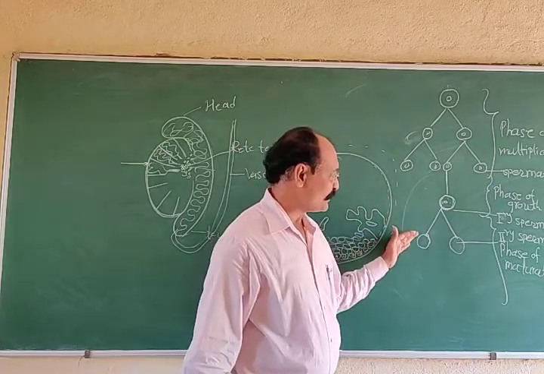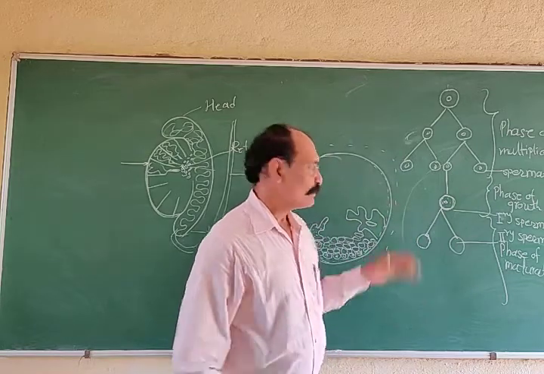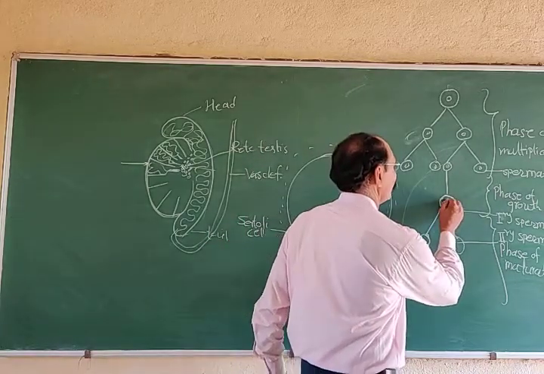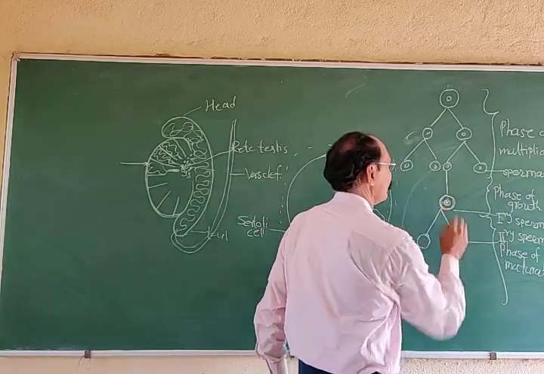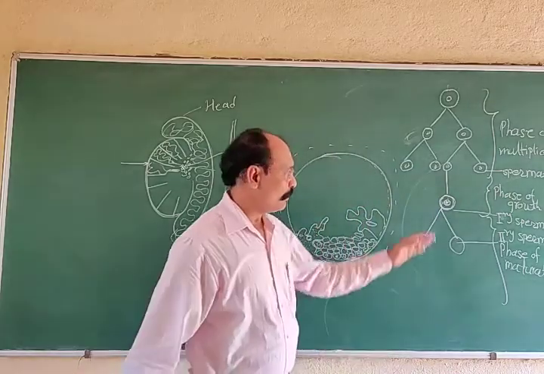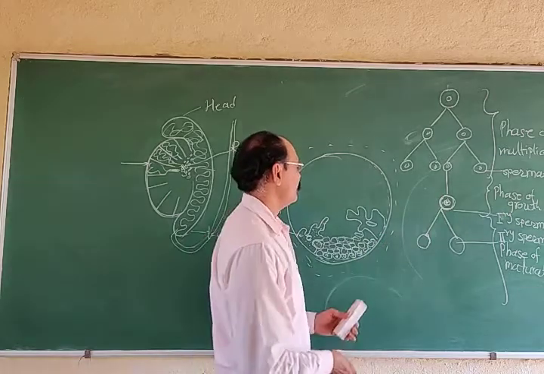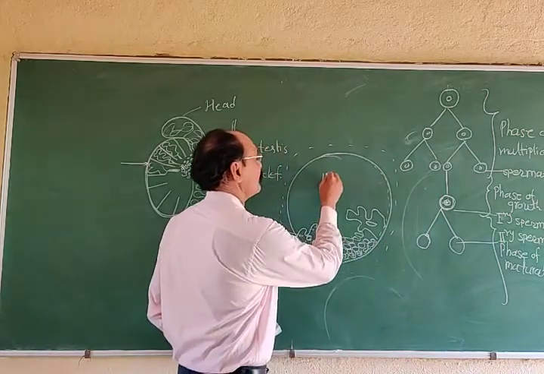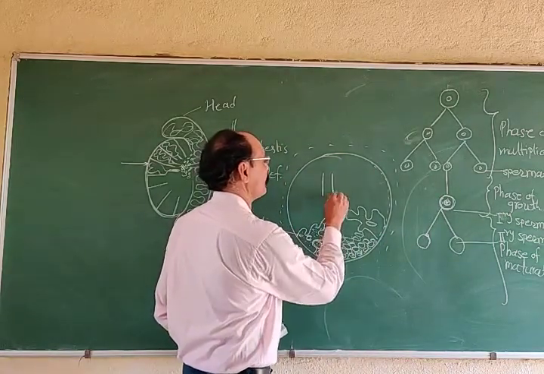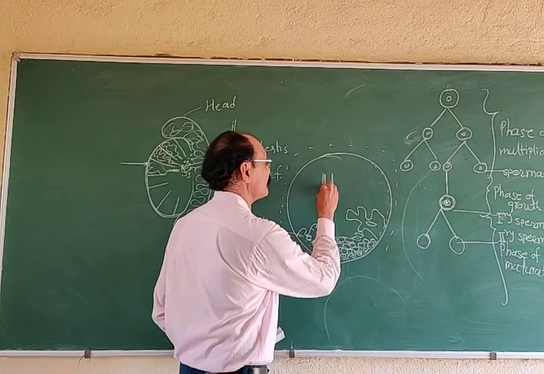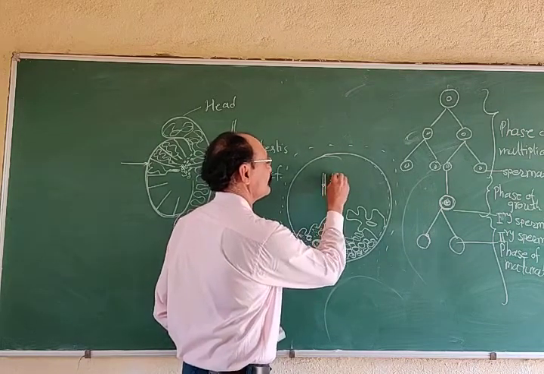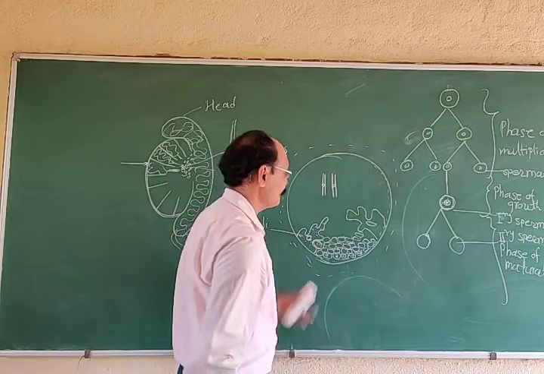In this process of meiosis, the doubling of the DNA material takes place. The homologous chromosomes show pairing. Now they are double, and the sister chromatids are formed.